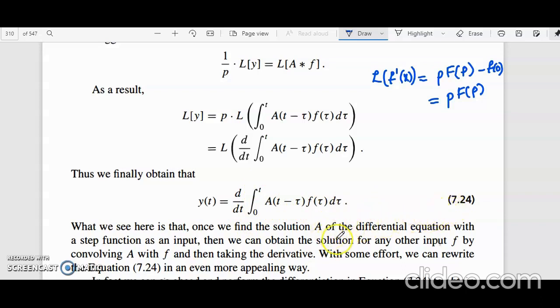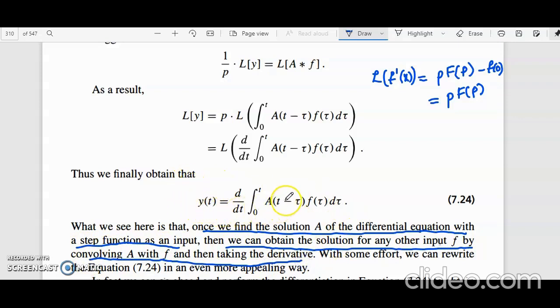So once we find the solution a of the differential equation, that solution a is the solution we get when the right side is a unit step function. So once we find the solution a of the differential equation with a unit step function as an input, then we can obtain the solution for any other input f by convoluting a with f and then taking the derivative.